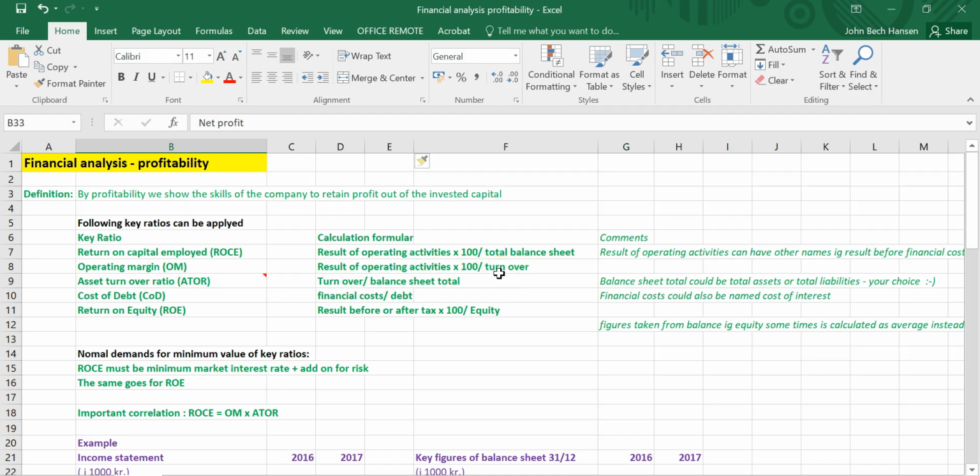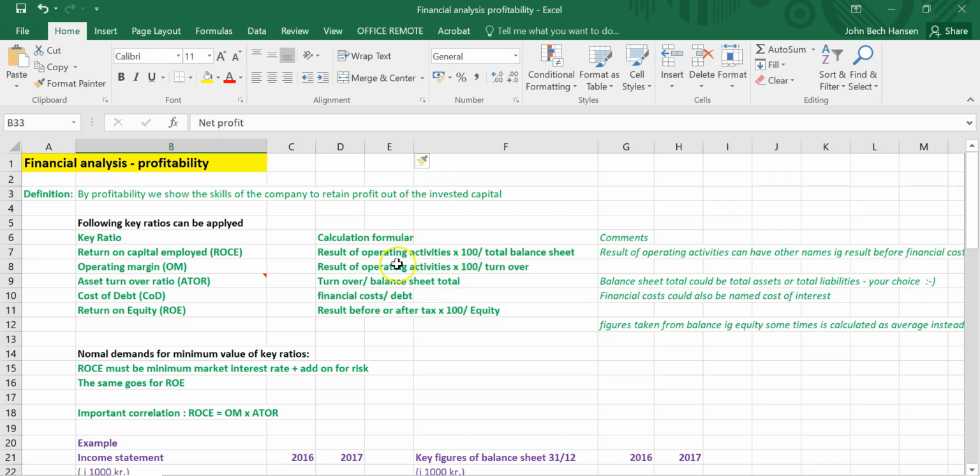It doesn't help us very much if we are busy making a very high turnover, but if we have no operating margin on the turnover, then of course we'll make no profit. So we will here measure the operating result of the operating activities against the size of the turnover. And we multiply by 100 here in order to get it in percentage.